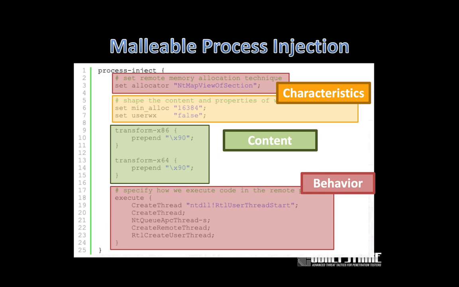And the way execute works is you specify what you want Beacon to try. And when Beacon has to do process injection, it will evaluate each option to see if it is plausible for the current context. And if it is, Beacon will try it. And if the option succeeds, it's done. And if it does not, Beacon goes on to the next option.